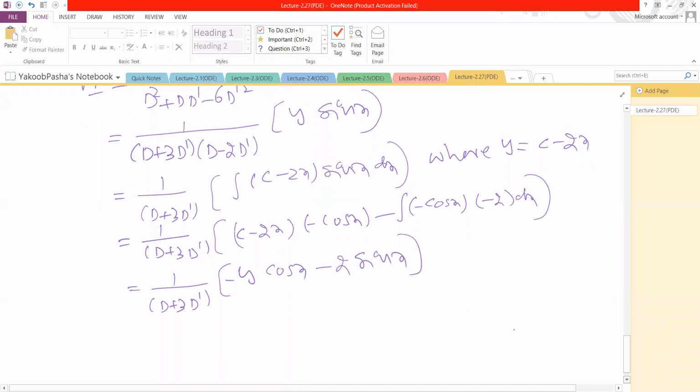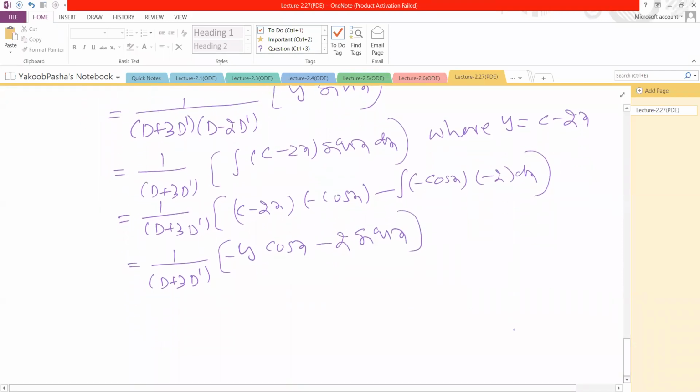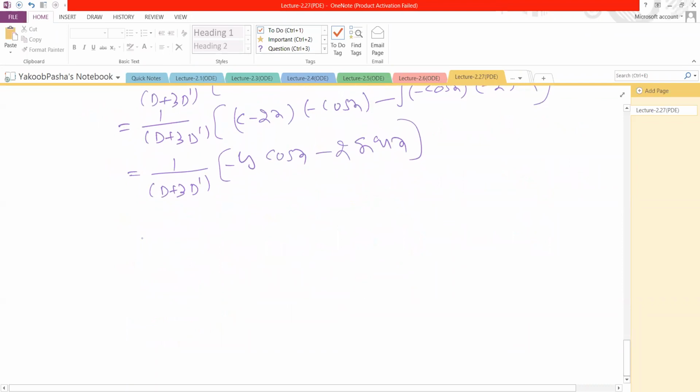Now again change y in terms of x. So first I am taking minus common here, 1 by D plus 3D dash of y cos x plus 2 sin x. I am writing. Okay, this is equal to minus 1 by D plus 3D dash, sorry, we can apply the formula now.